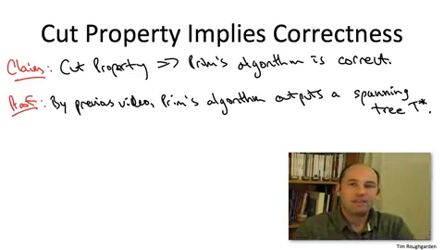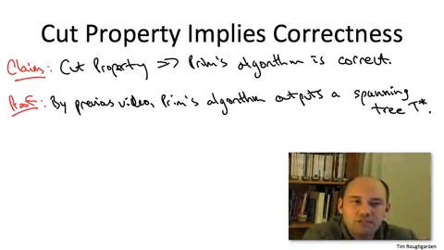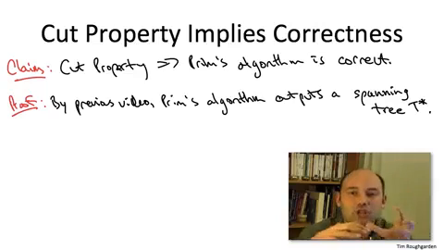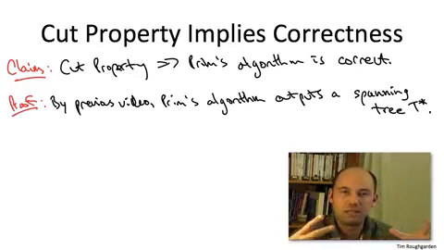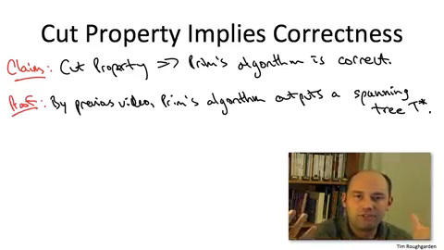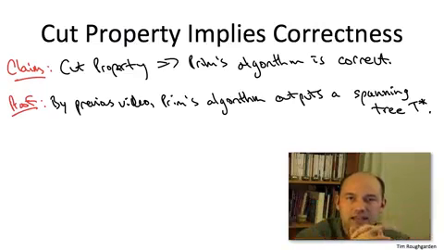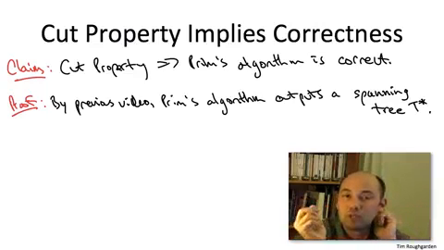Now, stare at the cut property. Stare at the pseudocode of Prim's algorithm. What happens in each iteration of Prim's algorithm? Well, we have our set capital X. That's what we've spanned so far. There's the rest of the stuff, V minus X, so that's a cut, (X, V minus X). What does Prim choose to include next?